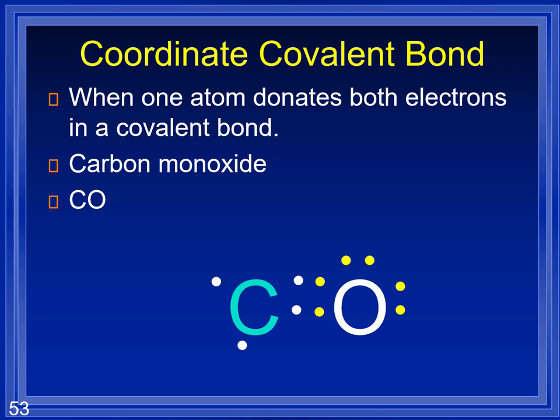Okay. Now, any atom happy there? The oxygen's happy. The oxygen has 8 valence electrons around it, but the carbon only has 6. So somehow, we have to get 2 more electrons onto carbon without losing any from oxygen.